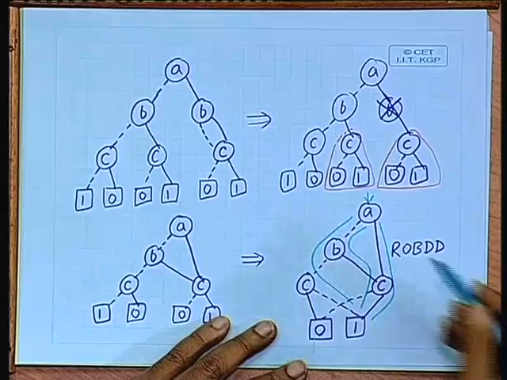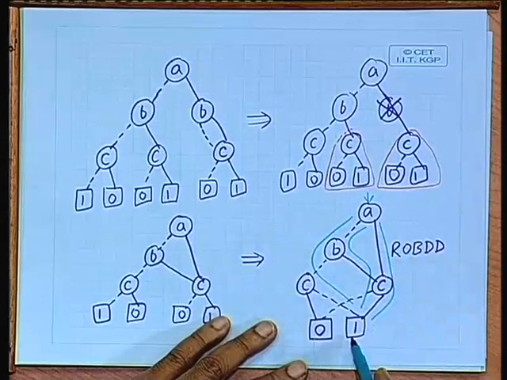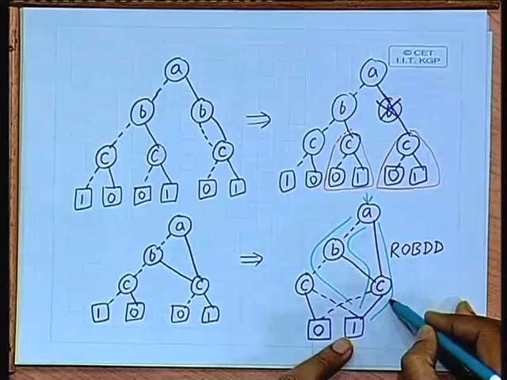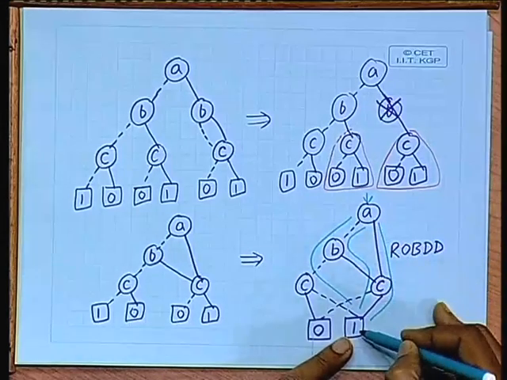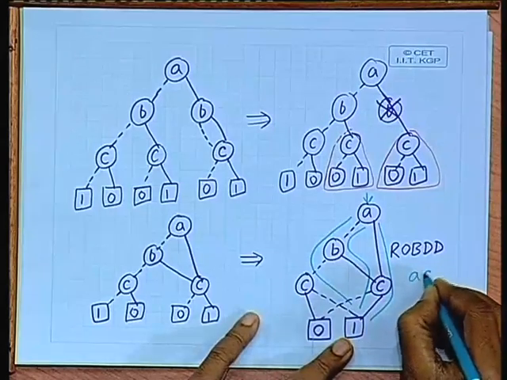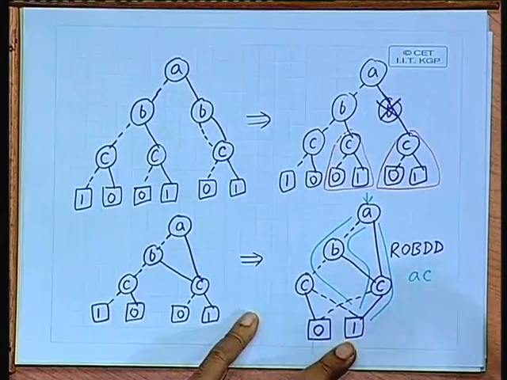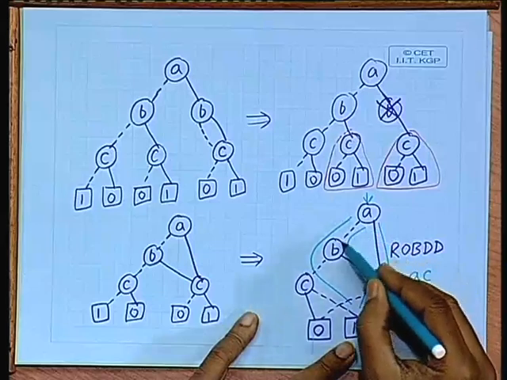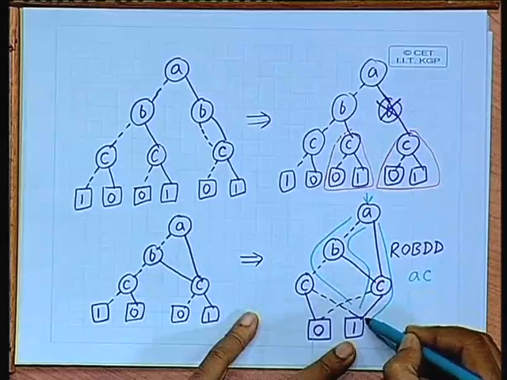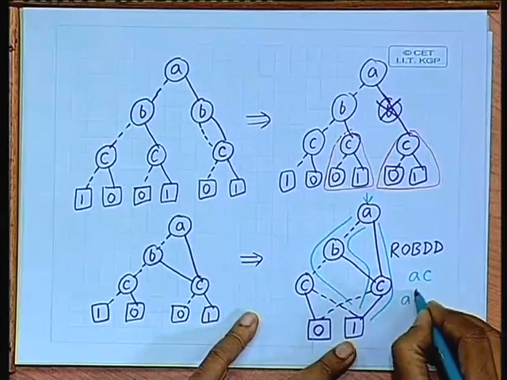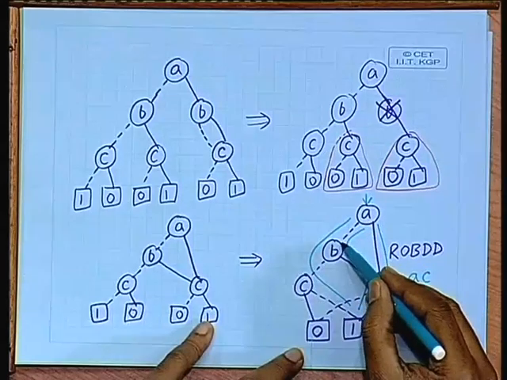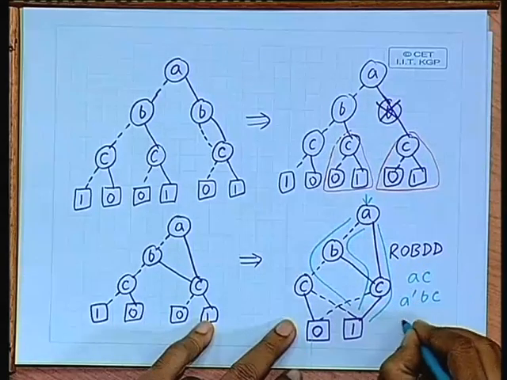Okay. So from this you can straight away write down the function also. For this it will be A, C, both are solid arcs. The first product term will be AC, the second one will be, this is dotted, A bar, solid B, C, A bar, B, C, this one A bar, B bar, C bar.